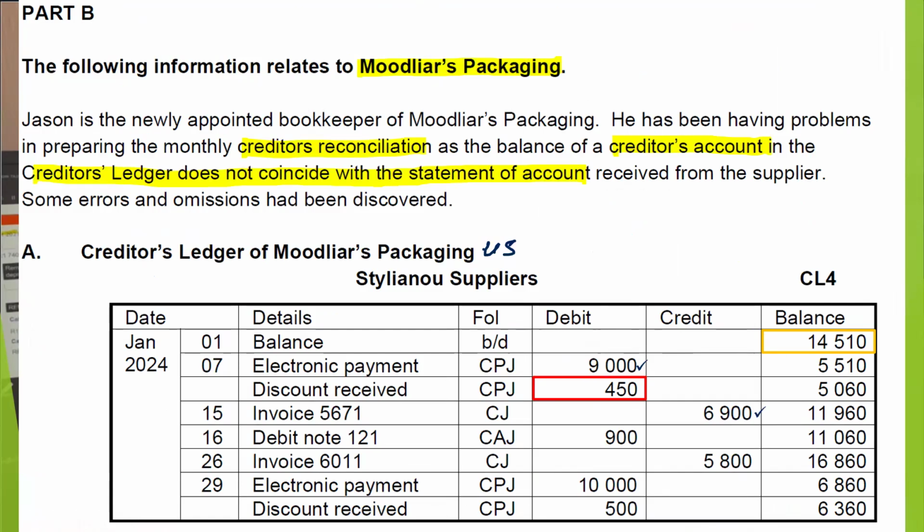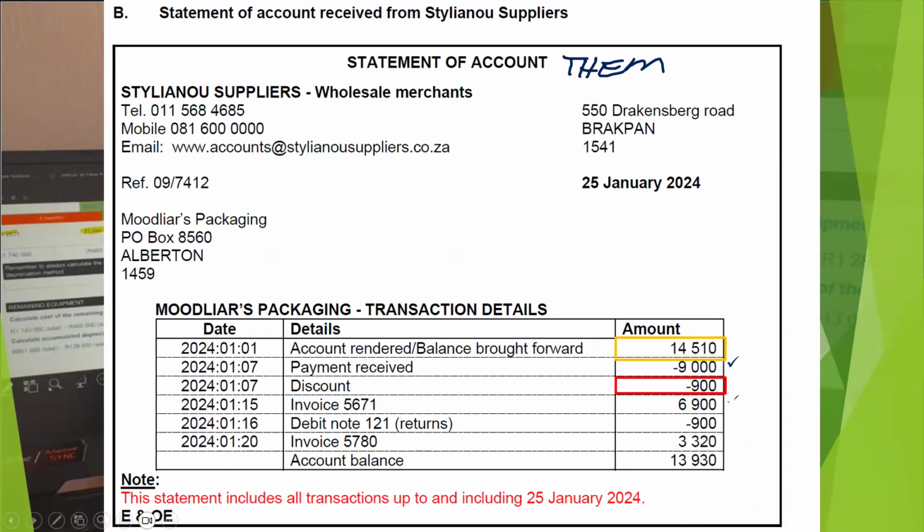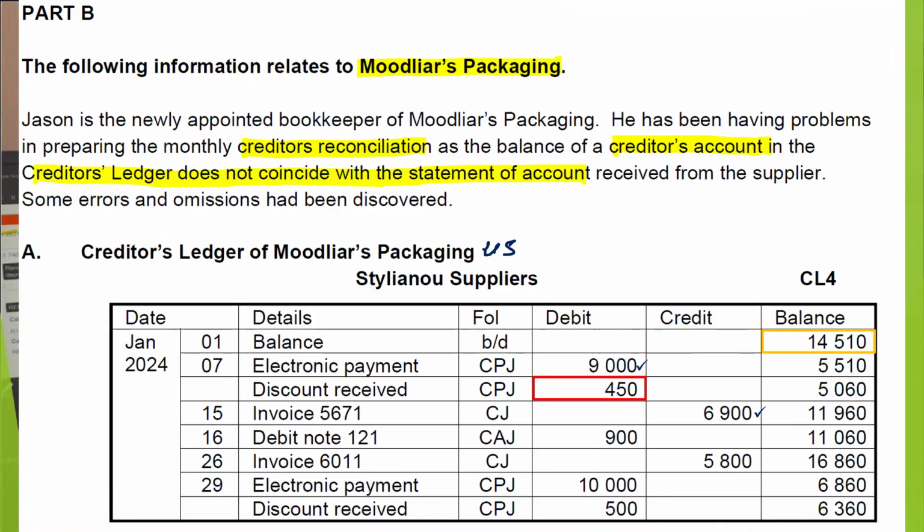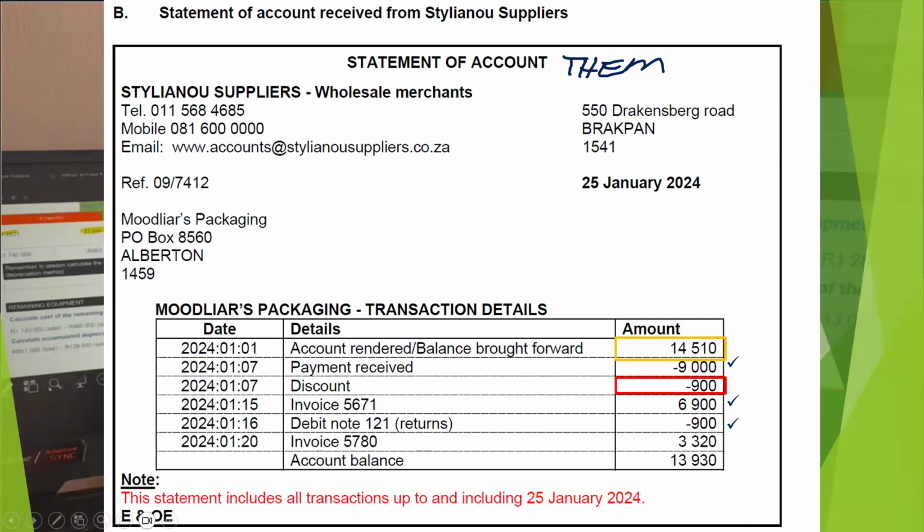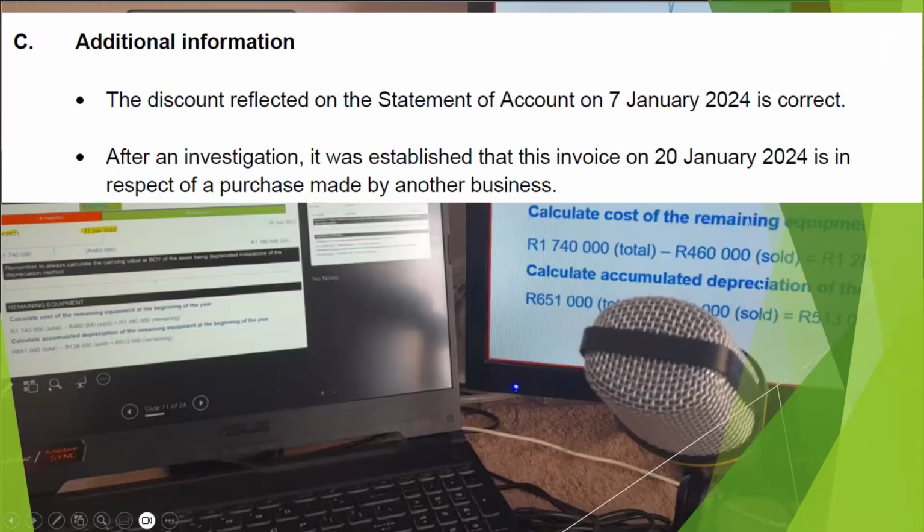The 900 debit must be a credit this side, and it's already there, so we have to tick it as well. 5,800, I did not see it that side. I also did not see 1,000 and that 500. And this side, I did not see that. So let's figure out what is going on here.